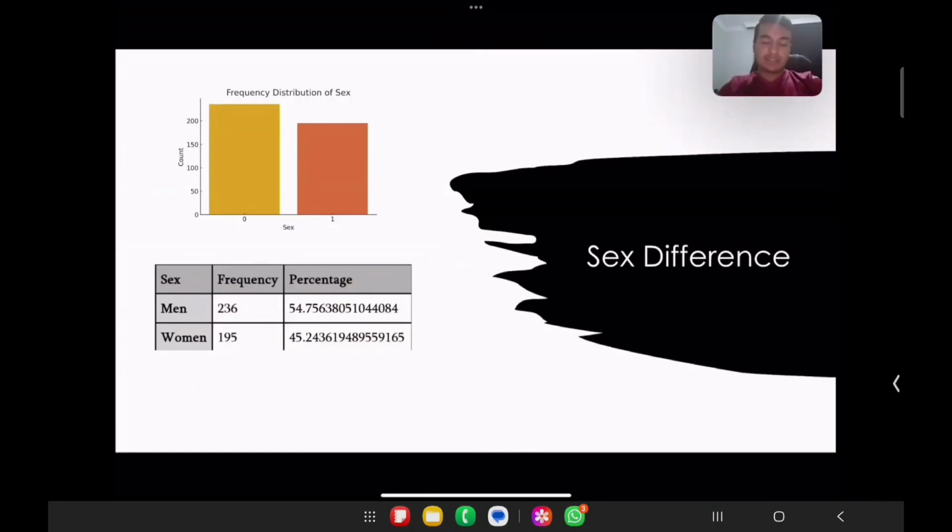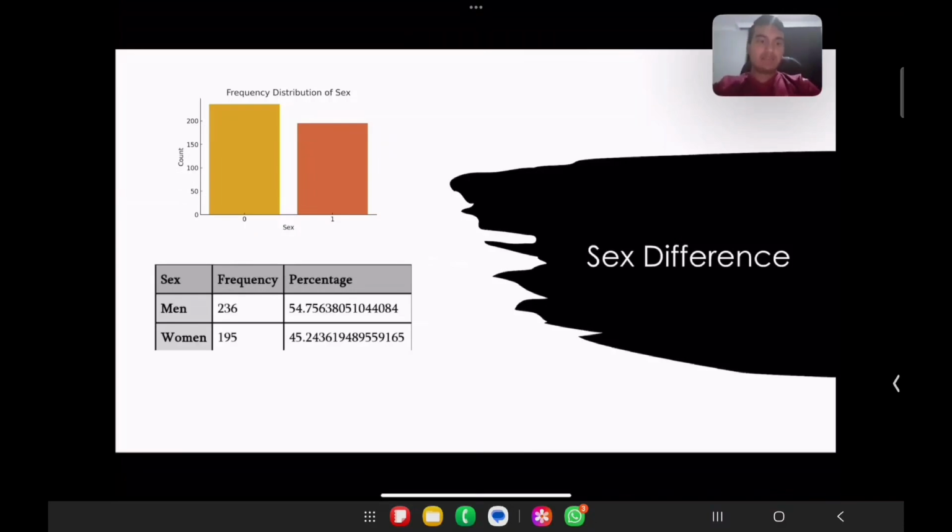So let's go on with the sex difference. The sex difference generally in the arrhythmia patients and general patients. You can see once again the graphic and table. Graphic says again the 0, you can see the higher one.